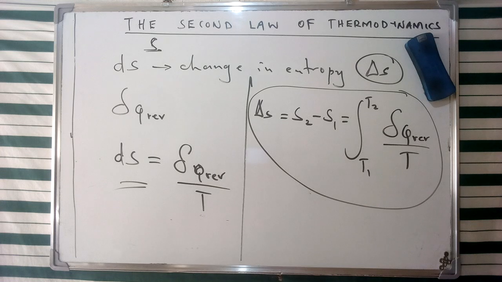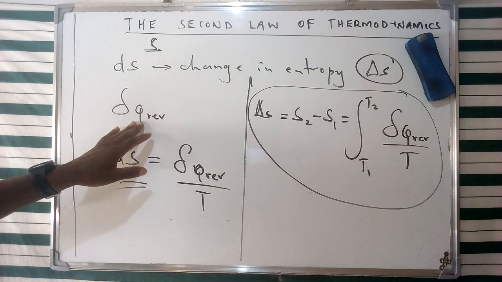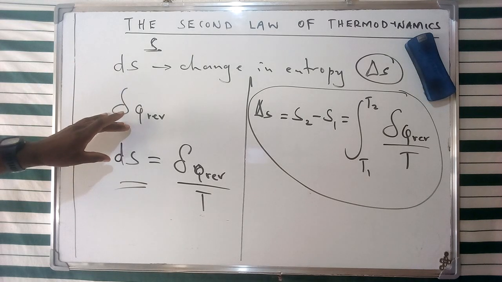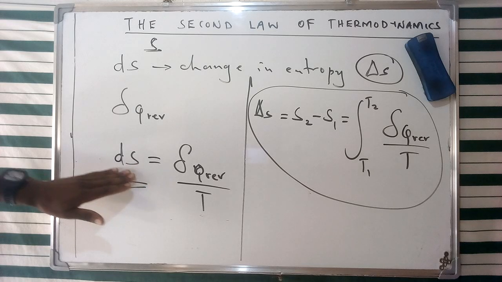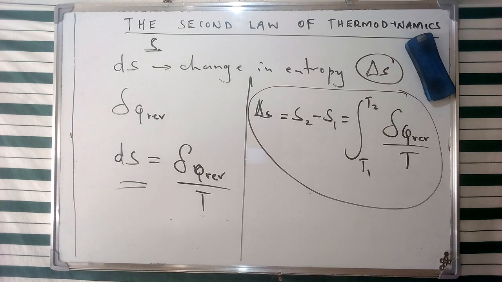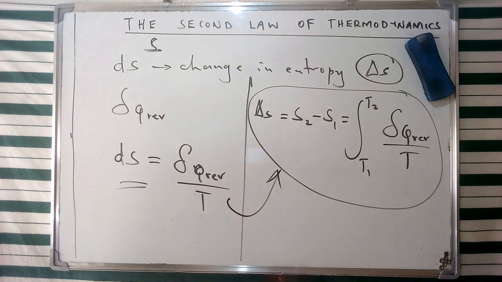And then we said that we can give a specific example of a change in entropy of an infinitesimal change using the delta Q reversible given as such, whereby we said that there is a relationship between the change in entropy and Q reversible, in a sense that it's going to be a ratio, the dS is going to be a ratio between sigma Q reversible over the absolute temperature given as such. And we can give an overall representation using that integral equation of this specific nature in representing entropy.